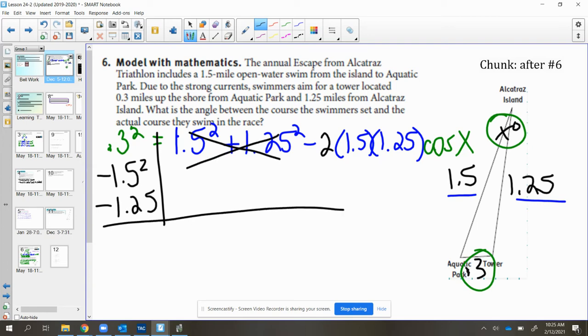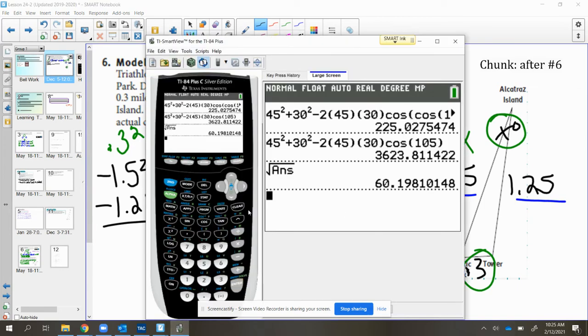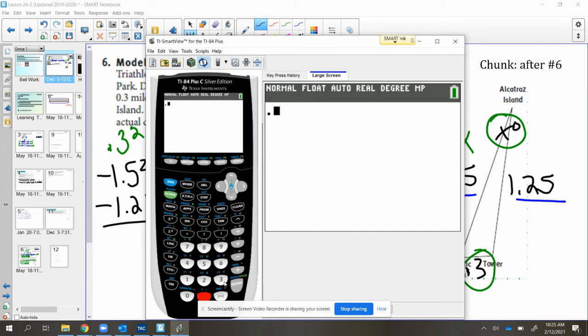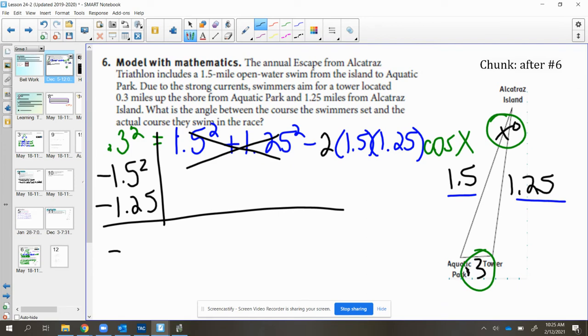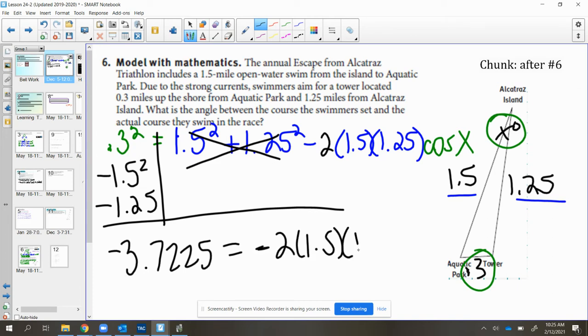So that's going to go away. And we're left with 0.3 squared minus 1.5 squared minus 1.25 squared. And you get this negative answer, and that's okay right now. So we have negative 3.7225, and then that's equaling negative 2 times 1.5 times 1.25 times cosine x, right?